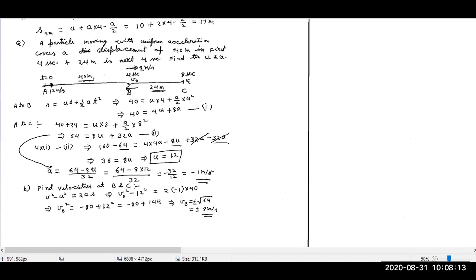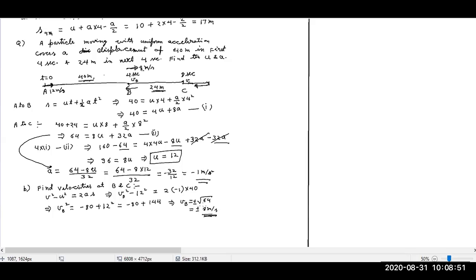After some time, the object may stop because of negative acceleration, and then it may return back, and when it reaches B, it may have the negative velocity. So that is the velocity which we are getting, minus 8 meter per second. So both are correct. We will not take only one value. Both values are correct, but they are occurring at two different instances of time.